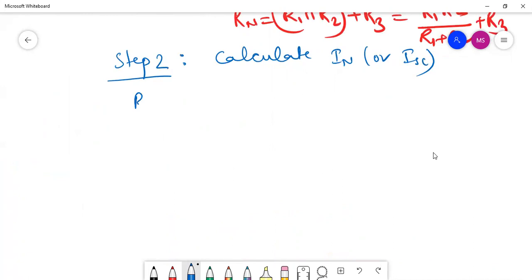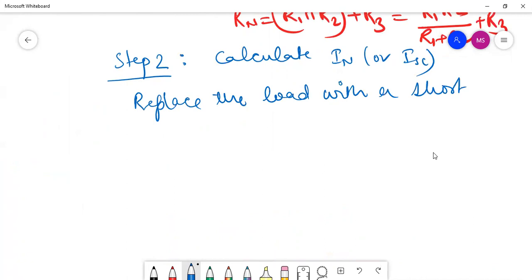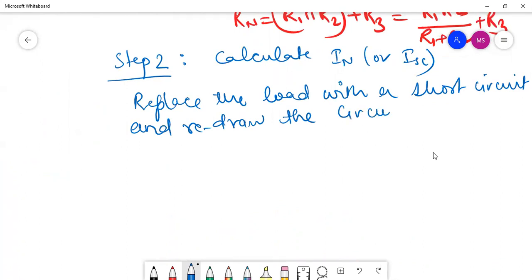So replace the load with a short circuit and redraw the circuit. Now let us redraw the circuit here.